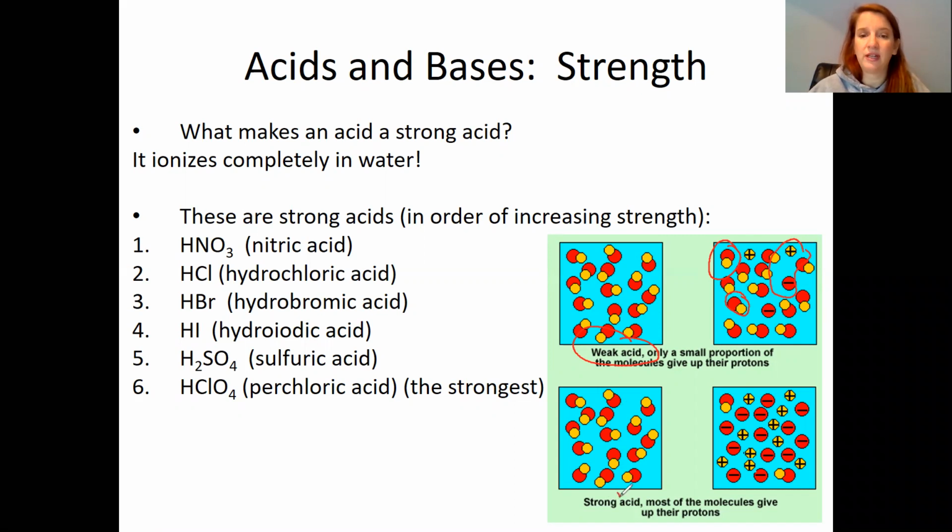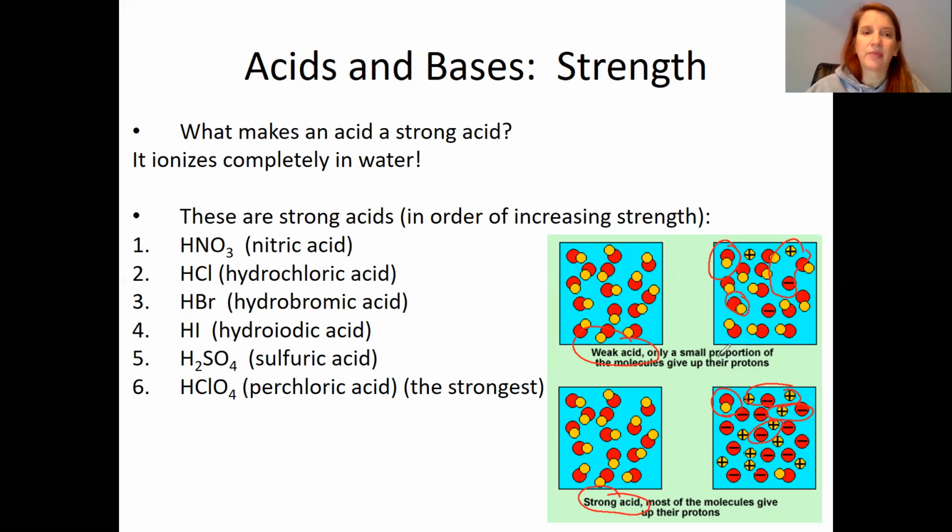But when you look at the strong acid down here, in the strong acid picture, every acid molecule has dissociated into ions, okay, or the vast majority. Most of them are going to dissociate. So over here in this picture, you see most of these ions over here. Most of the acid molecules have dissociated into ions, and you only have like 2 that are still an acid molecule. But what we say is that strong acids ionize completely. So that's what you should think about.